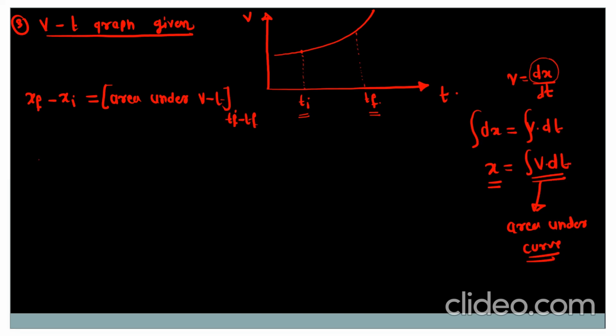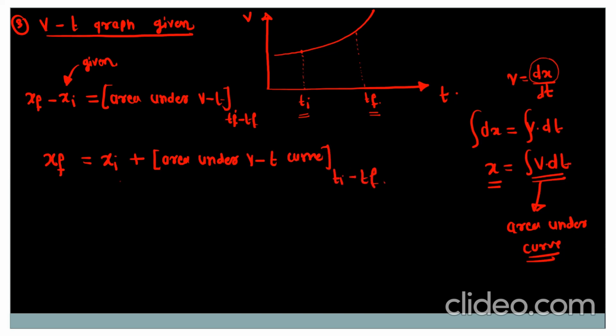So if the initial position is given, then we can find out the final position. So xf is equal to xi plus the area under the Vt curve from limit Ti to Tf.